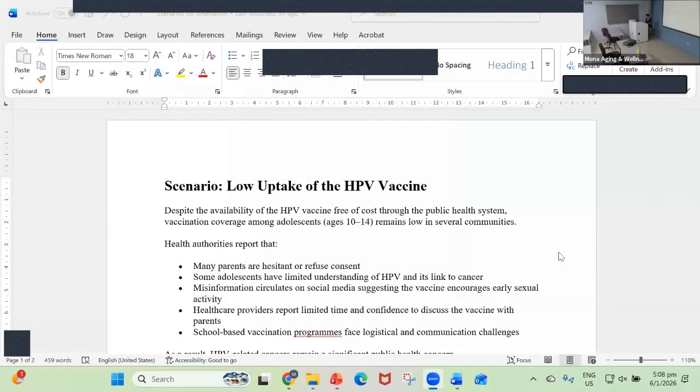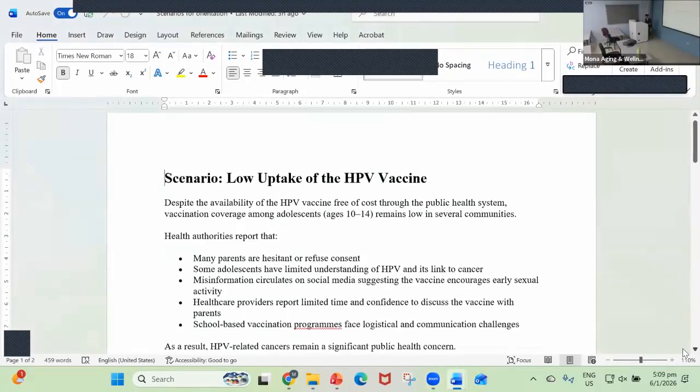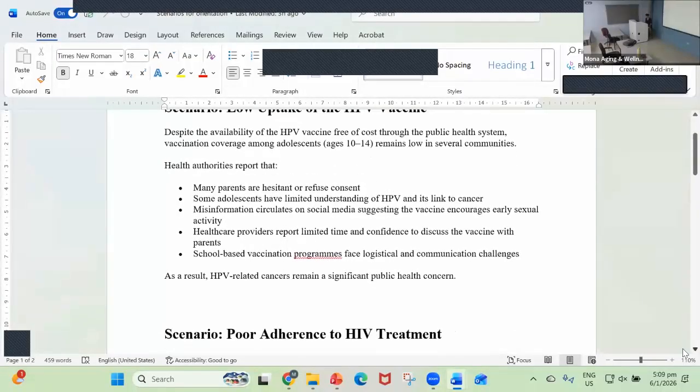So, low uptake of HPV vaccine. Despite the availability of the HPV vaccine for free through the public health system, vaccination coverage among adolescents 10 to 14 remains low. And by low, I mean below the target that has been set, and not just marginally low, significantly low, based on the last set of data I saw. It remains low in several communities. Health authorities have reported that many parents are hesitant or refuse consent.